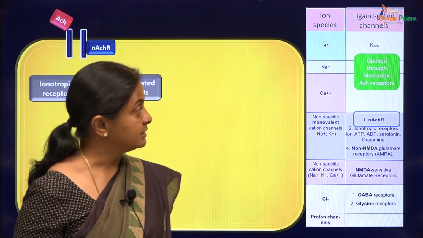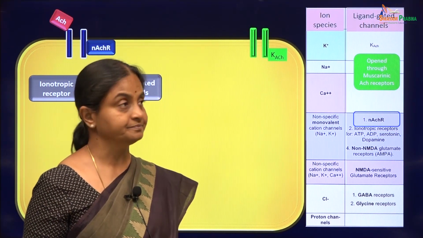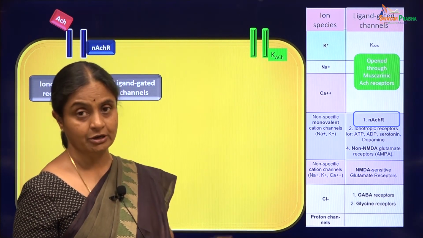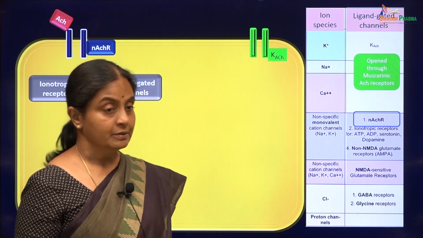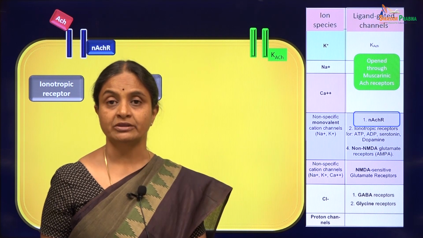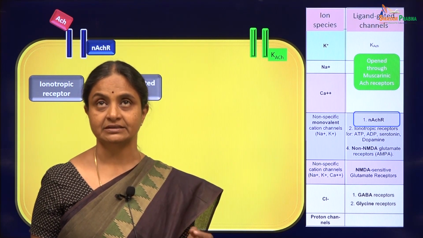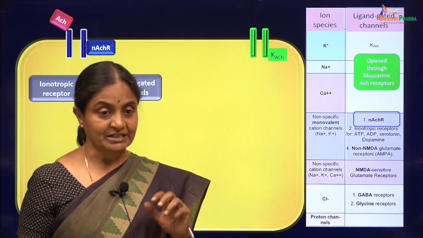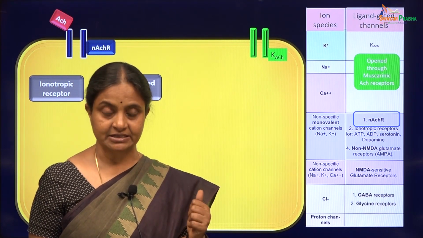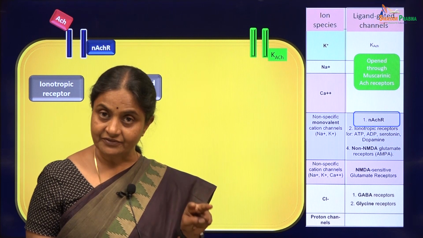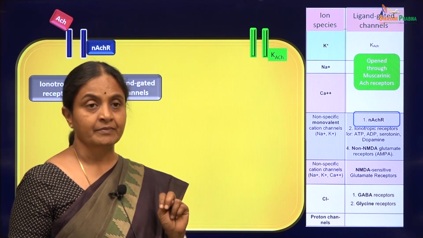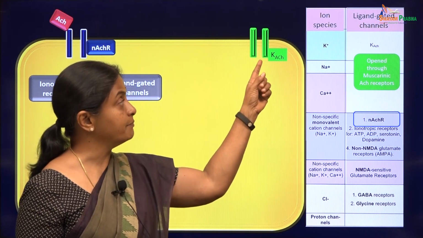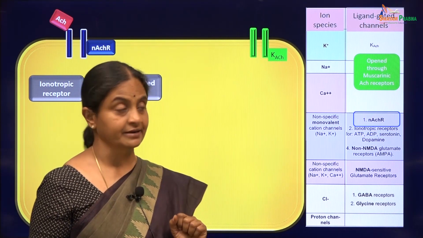Now we will look at the KACH channel. This channel is normally closed. The best location to study them is on the membrane of the pacemaker, the sinoatrial node. The pacemaker is innervated by the vagus nerve, and the vagus nerve releases acetylcholine. Acetylcholine does not directly bind to the KACH channel.